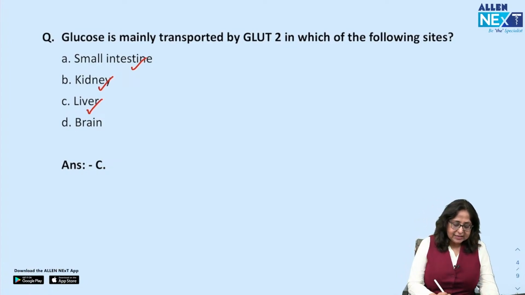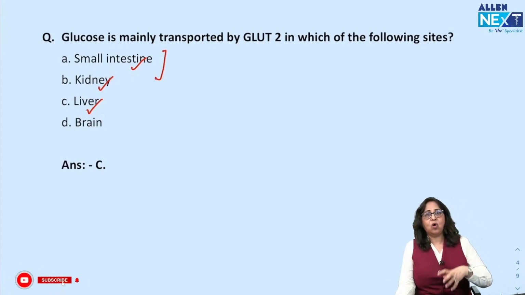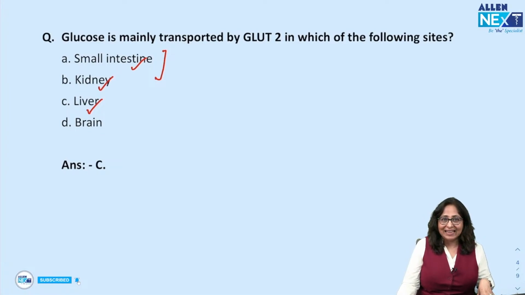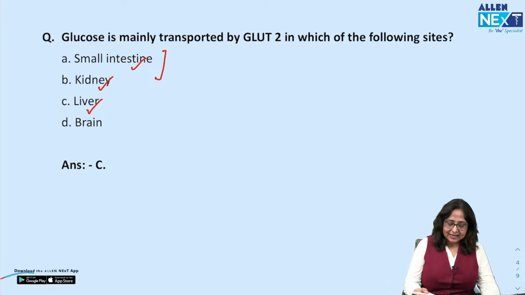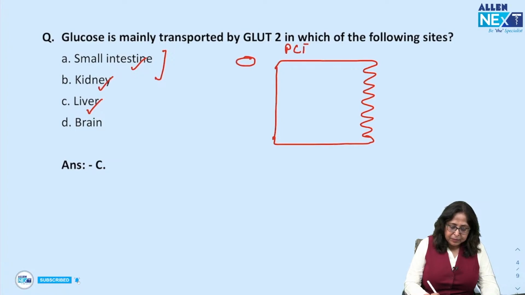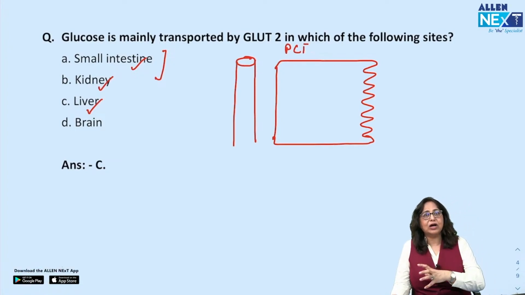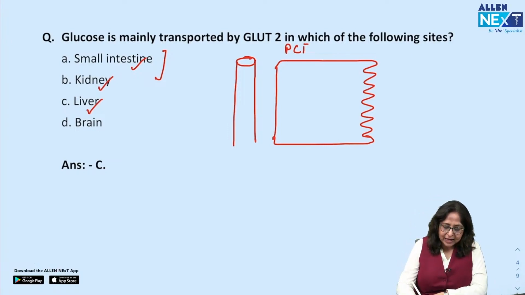Now, in the small intestine and the kidney, the GLUT2 is present on the basolateral membrane. So let's try and understand what is the basolateral membrane. So if this is the PCT, as well as the intestinal epithelial cells have a brush border, microvilli, present towards the lumen.